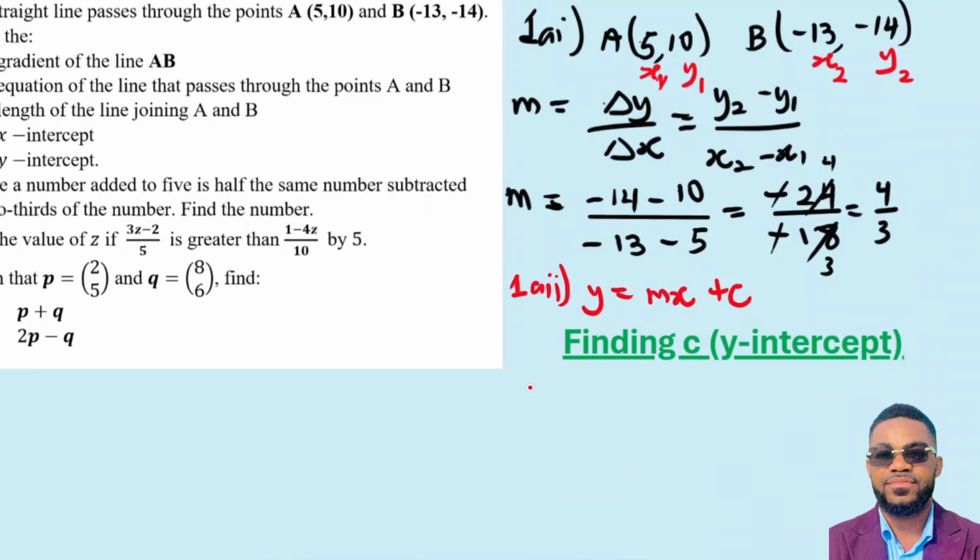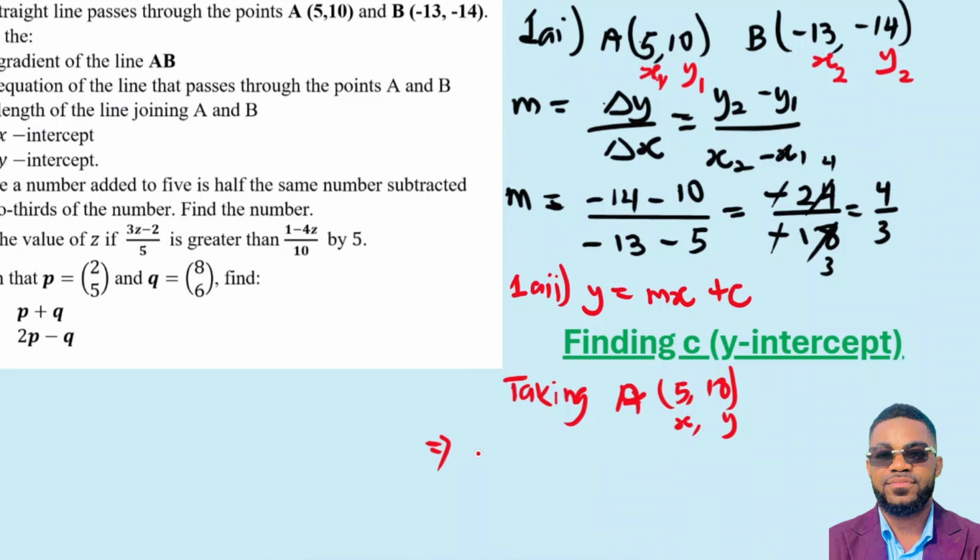So now, I want to take the point A, which has coordinates 5, 10. So let me write here, taking the point A, which is 5, 10. So that means here is going to be my x, and here will be my y. Let me do the substitutions right now.